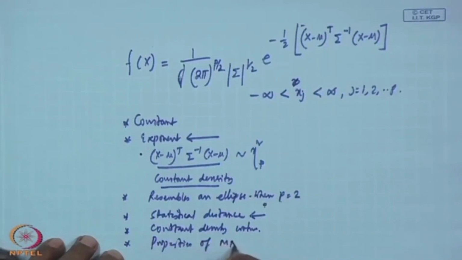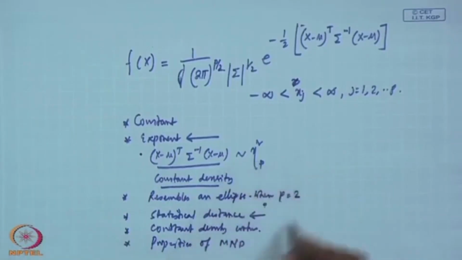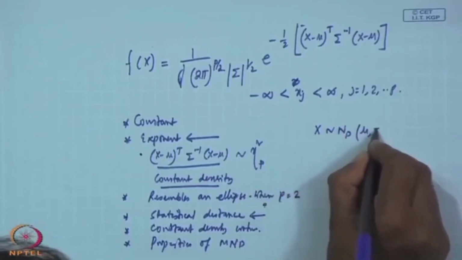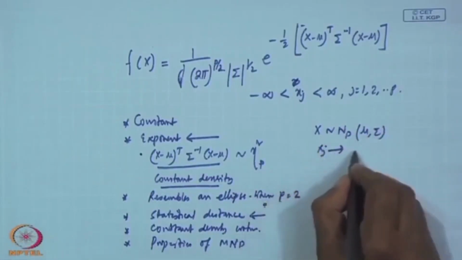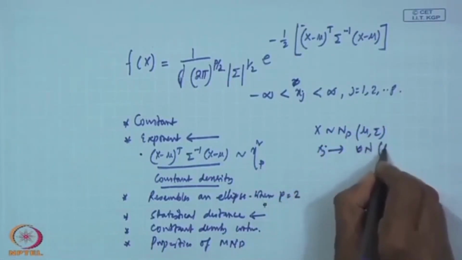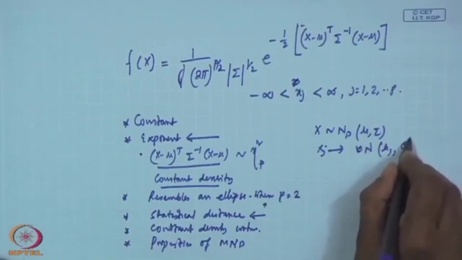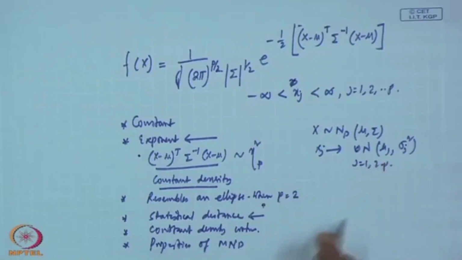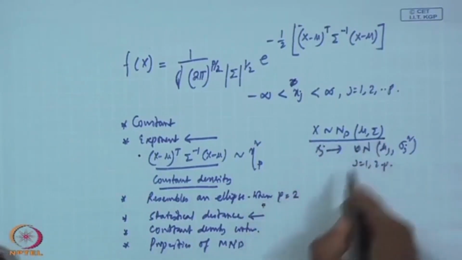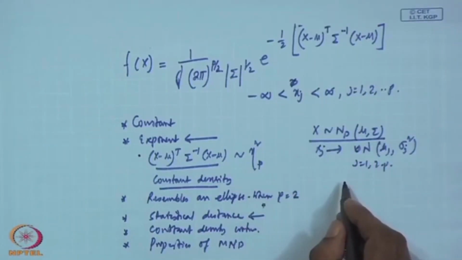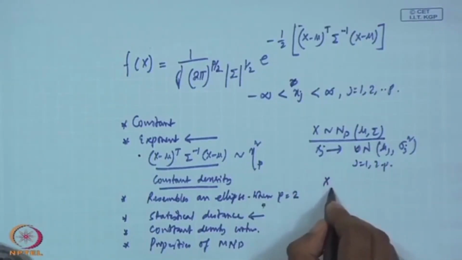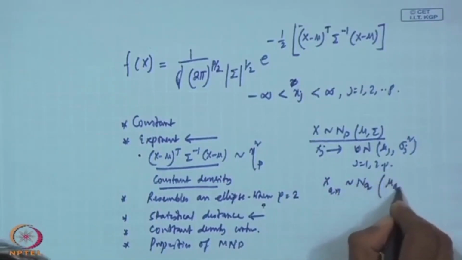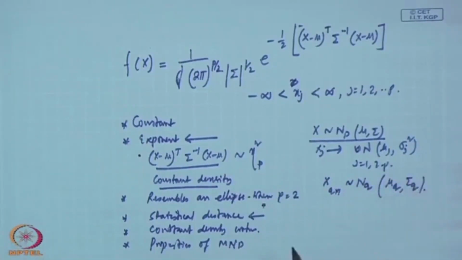Properties of MND: if x is multivariate normal, then x_j will be univariate normal, j equal to 1 to p. If x is multivariate normal, a subset will also be multivariate normal. So, if I create a subset x1, that will be q, mu q and sigma q.